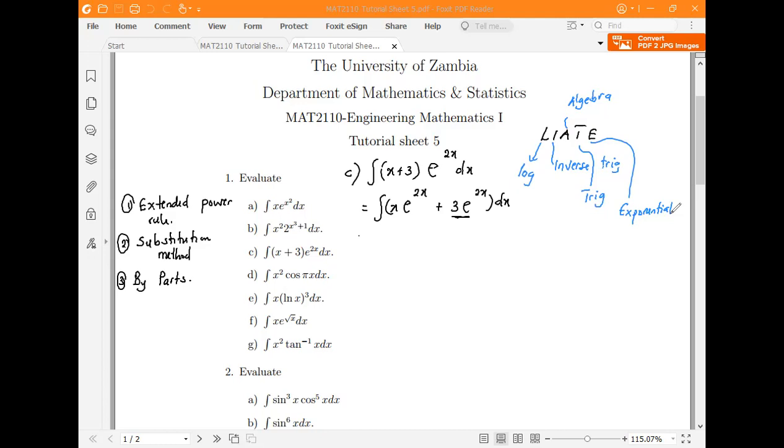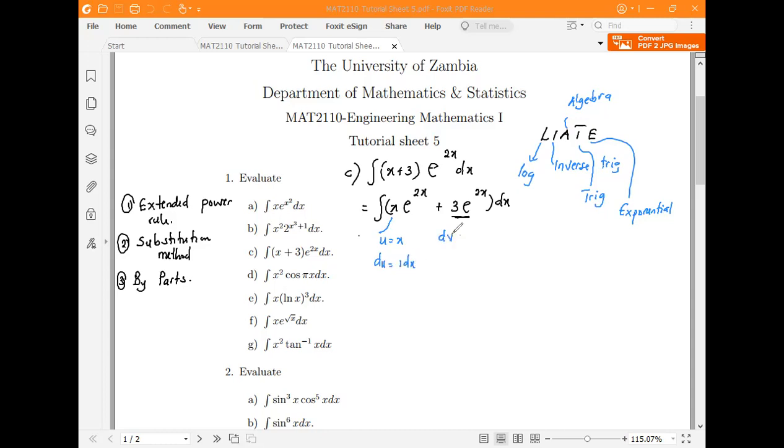So when I come here, I have x e to the power 2x. E is the exponential, on the right in the word. X is the algebra, the A, on the left. So it becomes the u. So u becomes x. Once you identify u, you differentiate it to get 1 dx.